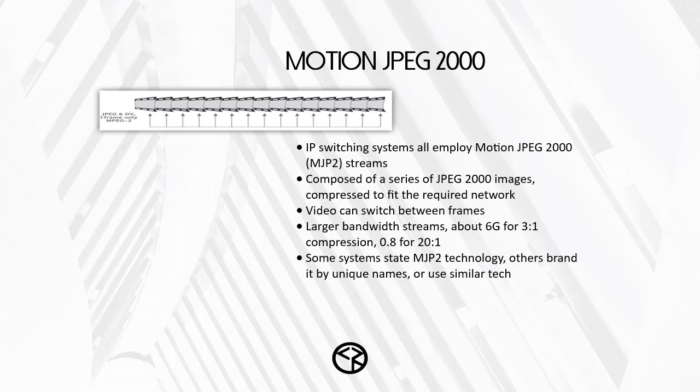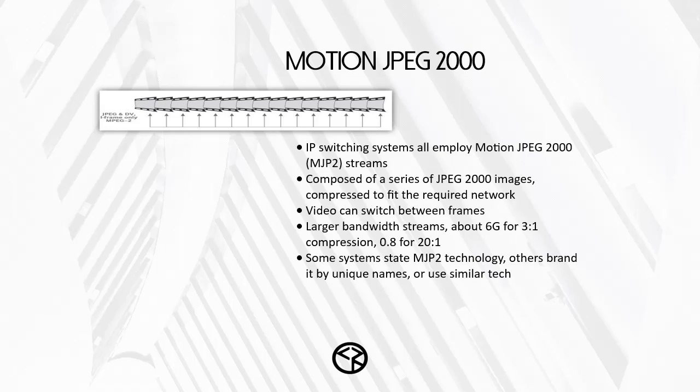Recently, with larger networks, 1 gig and 10 gig network capabilities, JPEG 2000 has come into its own as a way to switch images for a video system.